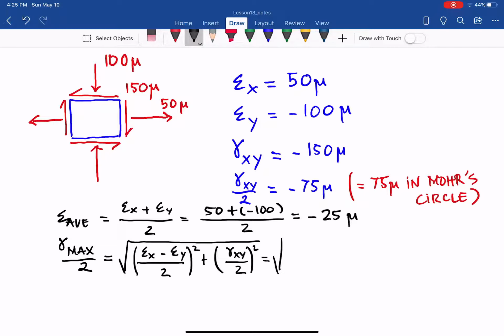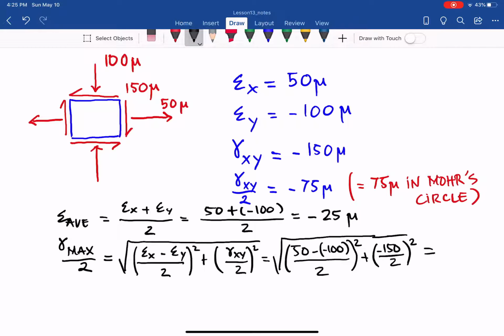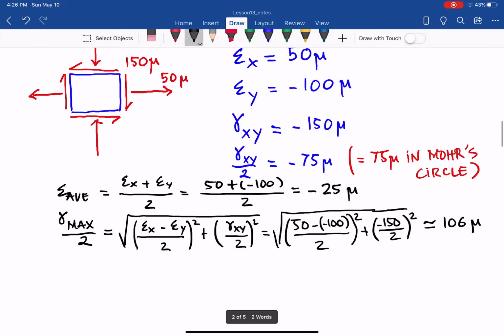So from that we have 50 minus 100 divided by 2 squared plus 150 over 2 squared, and that equals about 106 micro.